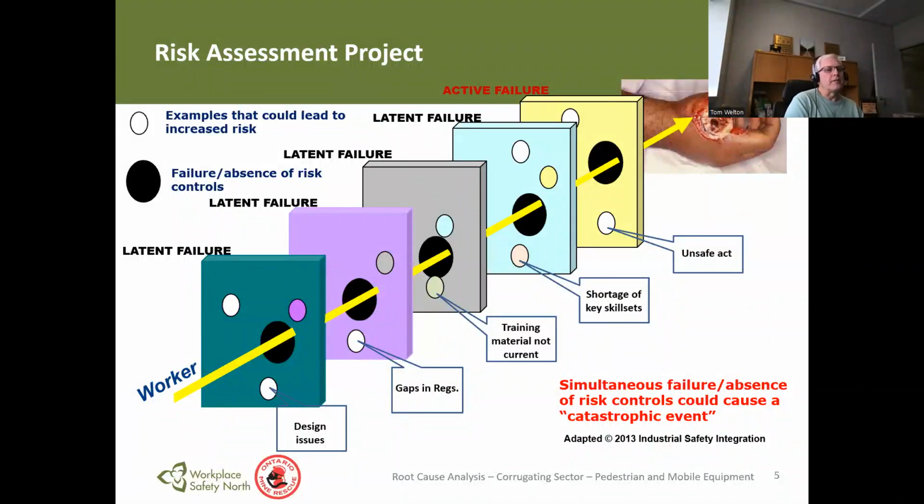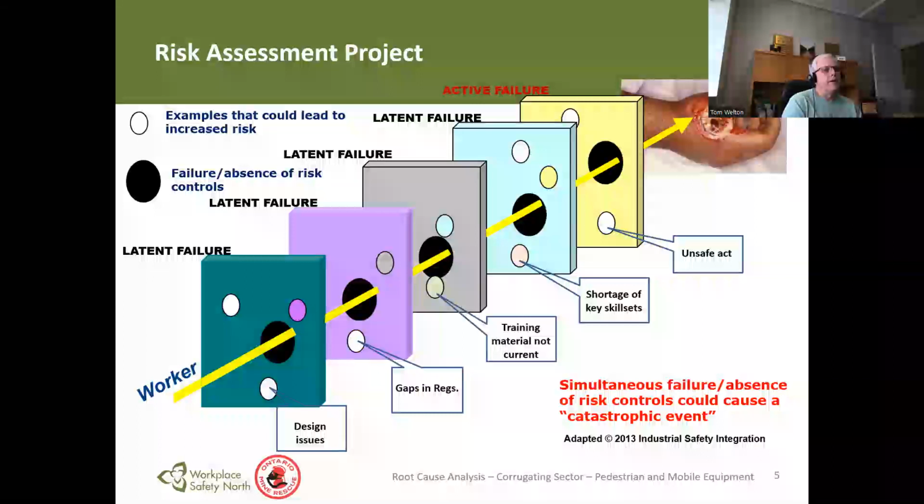And again, back to design issues and the machine guarding example that I provided, there may be a reason for machine guarding to be removed from a maintenance perspective, which opens up an opportunity for a latent failure based on the removal of that guard and the possibility of the machine having to be run from a maintenance perspective.